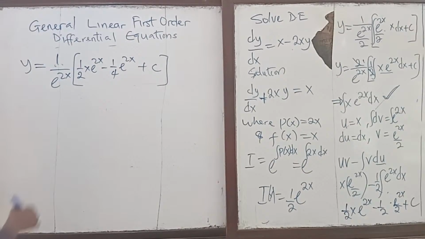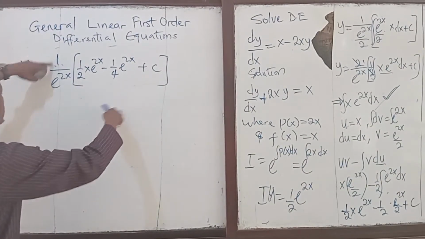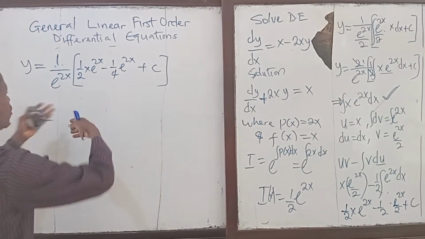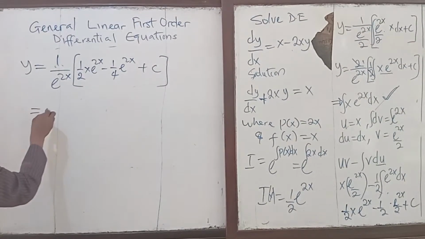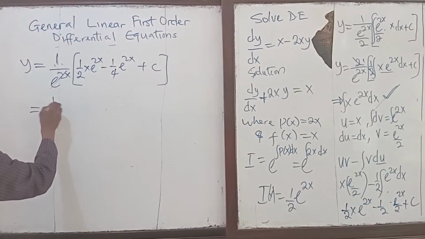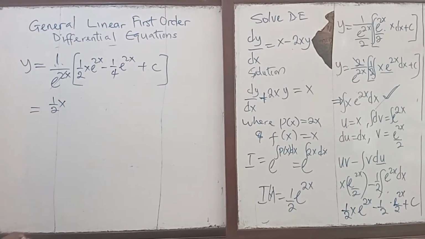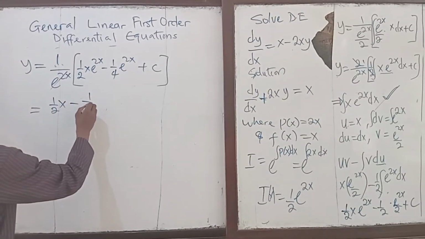Another thing we can do now is to allow the integrating factor to come in. If we like, we can do so, or we leave it in that form. If it goes in, this one and this one we cancel. We have 1 over 2 x, minus 1 over 4.